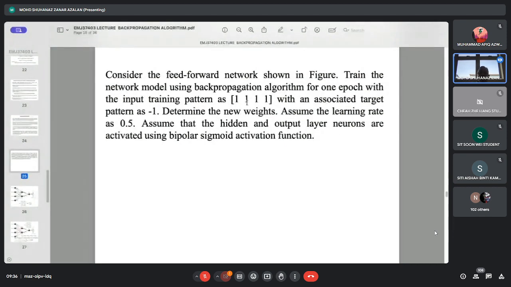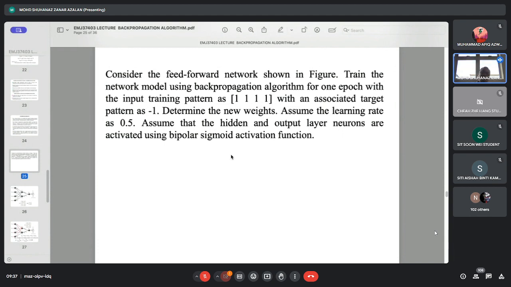Okay. And the question says the input training pattern is given here, 1, 1, 1, 1. And the target is also given, -1. So if you look here, the input is 1, 1, 1, 1, the target is -1. So we already know it uses what?